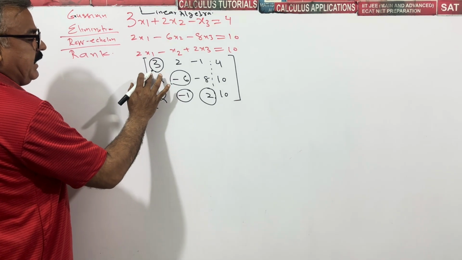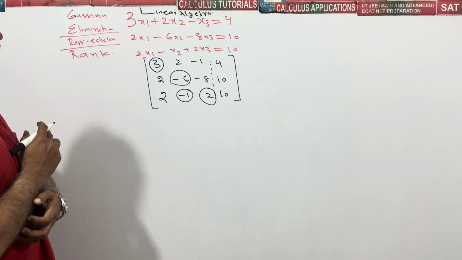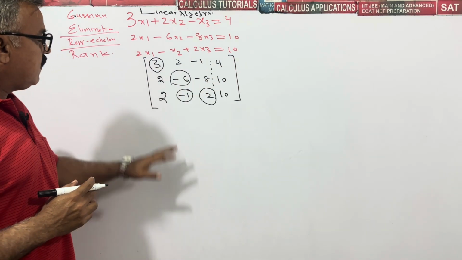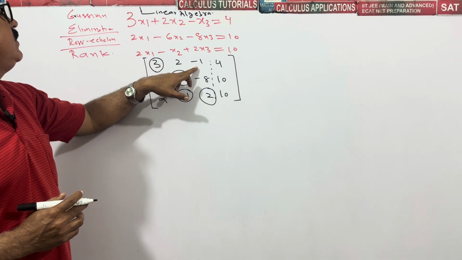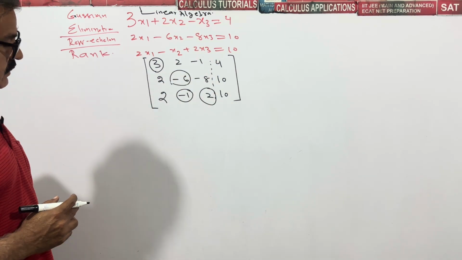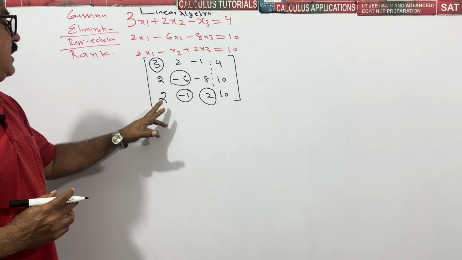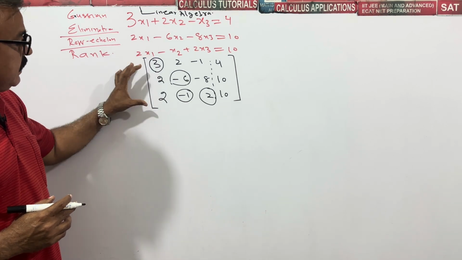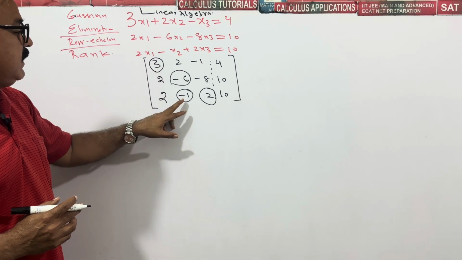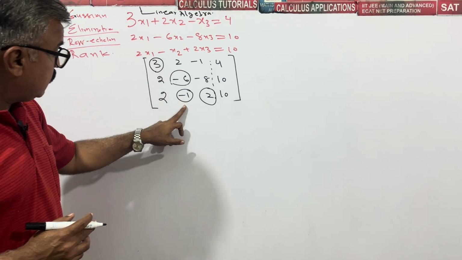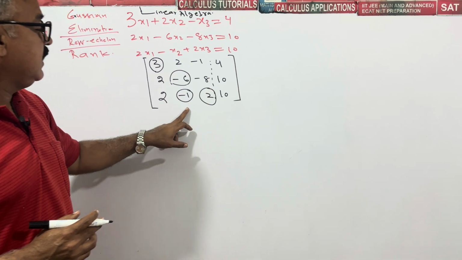To manage 1 here, we have one possibility: divide R1 by 3. Dividing R1 by 3 will give us fractions: 2 over 3, minus 1 over 3, 4 over 3. There are 3 fractions. If we divide R3 by 2 after interchanging R1 and R3, it will give minus 1 over 2 and 5, a single fraction.